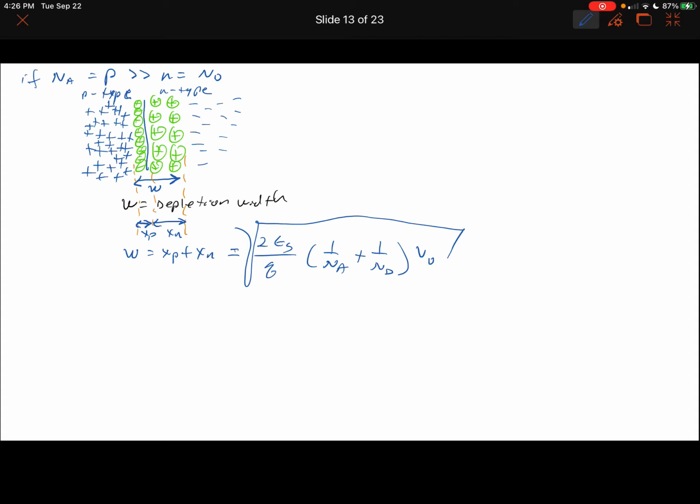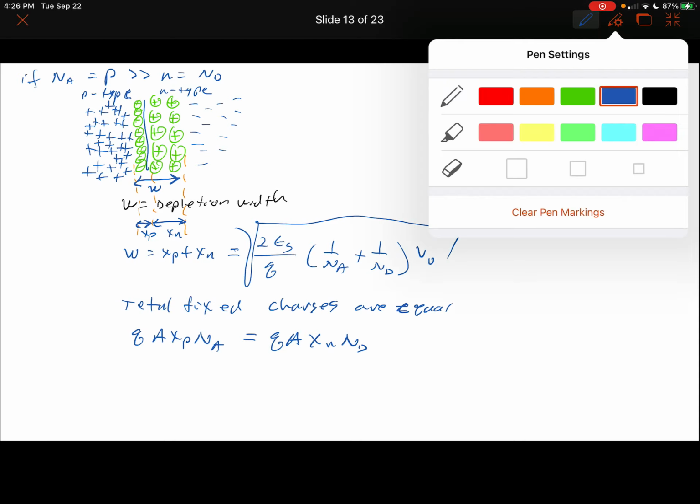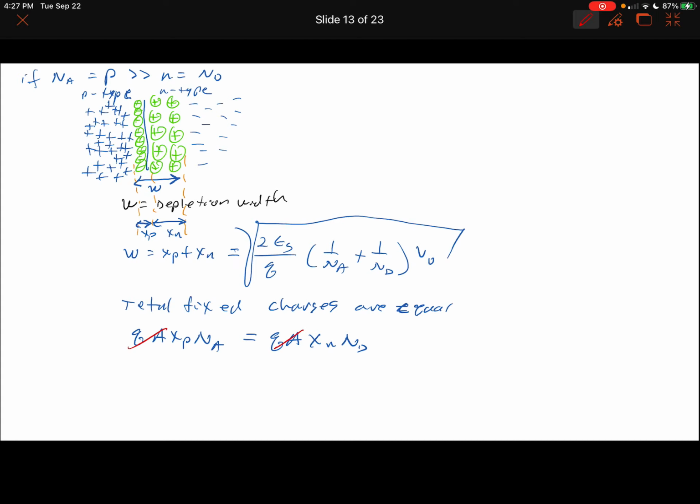And what we're saying is the total fixed charges are equal. So if the total fixed charges are equal, then we're saying Q times A times XP times NA has to equal what's on the other side, which is Q times A times XN times ND. And we've got QA on both sides, so those cancel off.